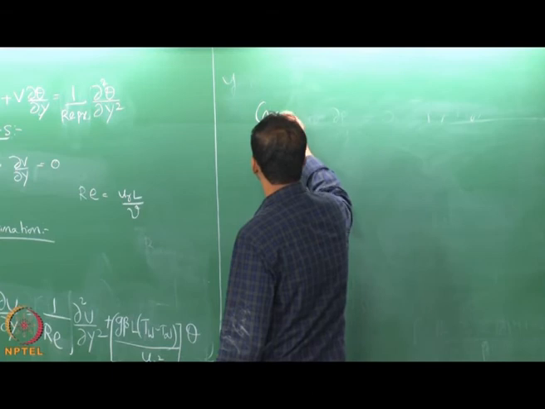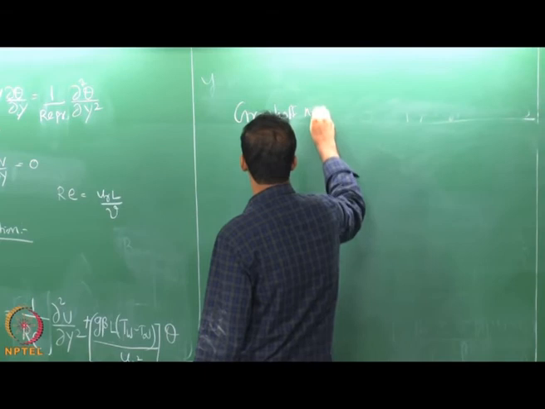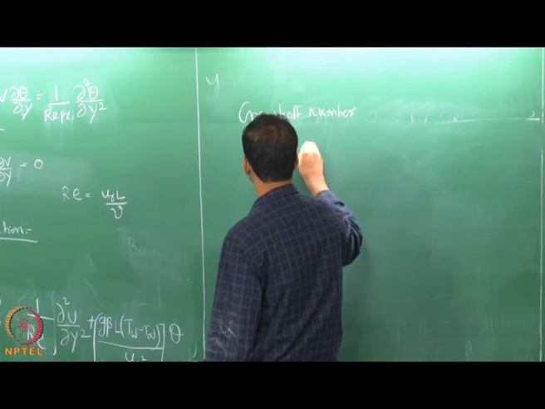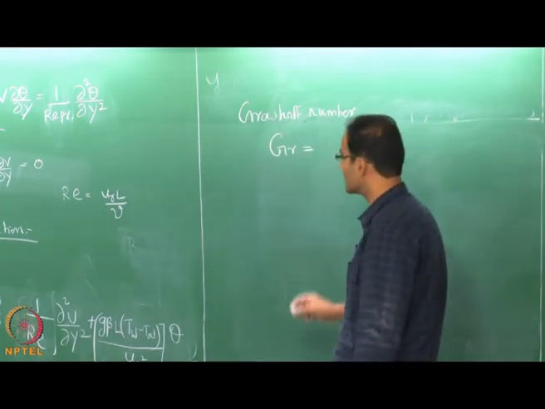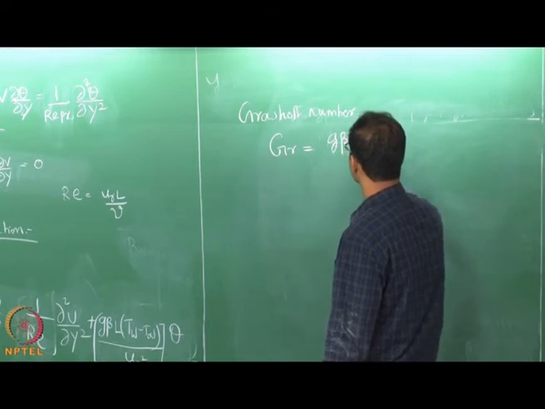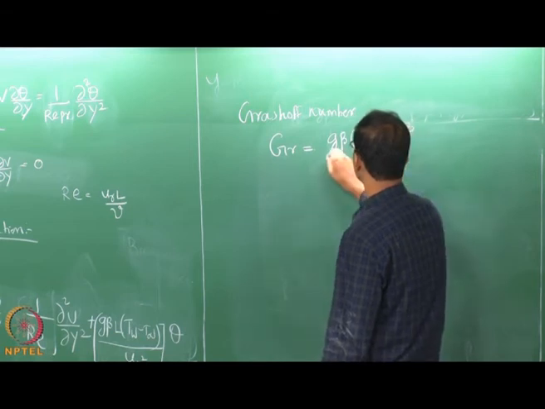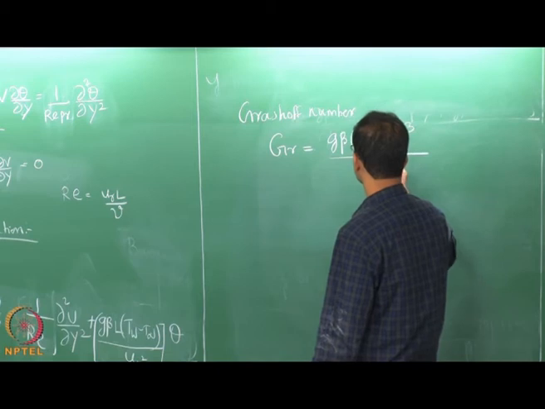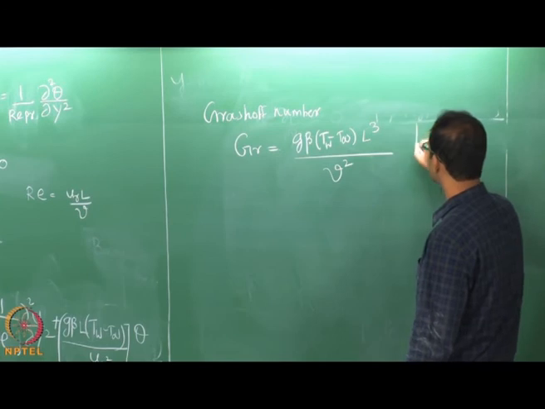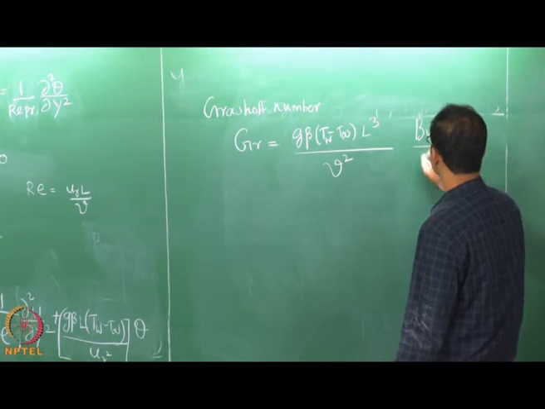This is called the Grashof number, usually denoted as Gr. This is the ratio of buoyancy force, g beta into T wall minus T infinity into L cube, divided by the viscous force, nu square. So, this is basically the ratio of buoyancy and viscous force.